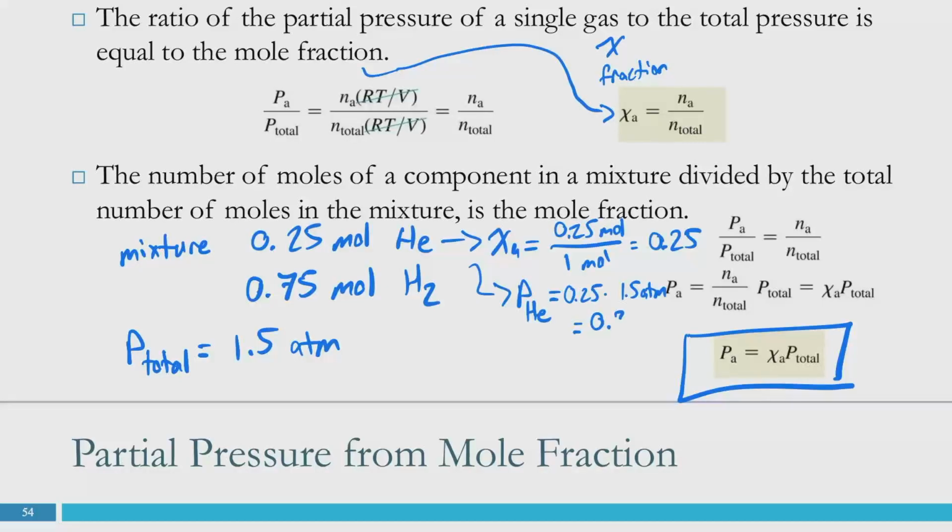So 0.375 atmospheres. So the pressure contribution of just our helium gas is 0.375 atmospheres. This is the sort of thing that we would do with partial pressure and number of moles and stuff like that.